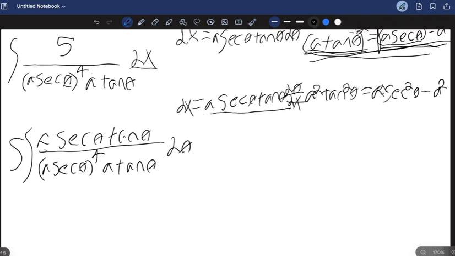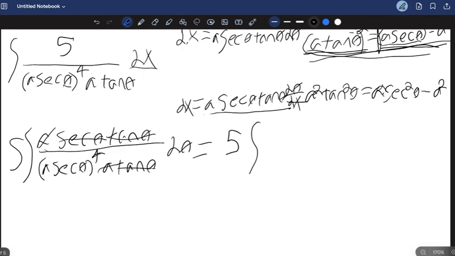Yep. And so this will be equal to 5. What else can we do here to make it simple? Integral of 1 over secant cubed theta d theta. Oh, we can also change it to cosine. Yep. So the secant theta gets rid of one of these. This tan theta cancels out here. And this a cancels out here.